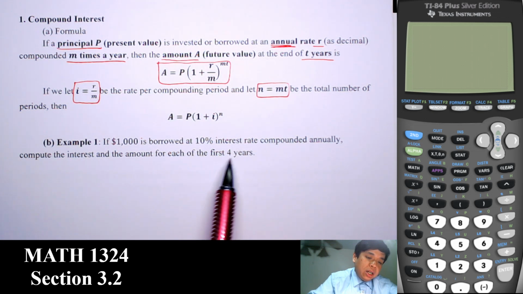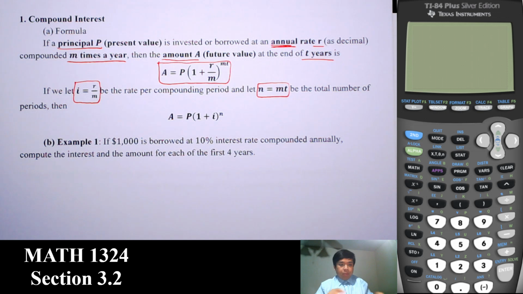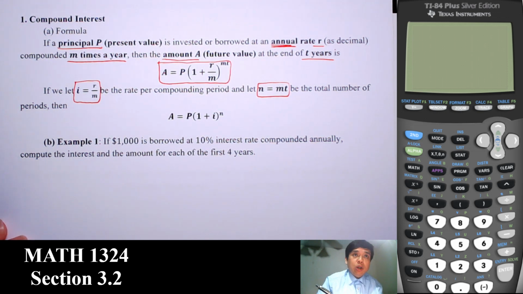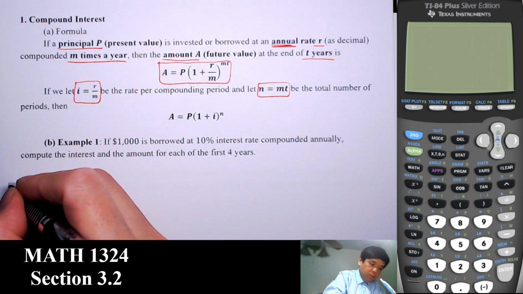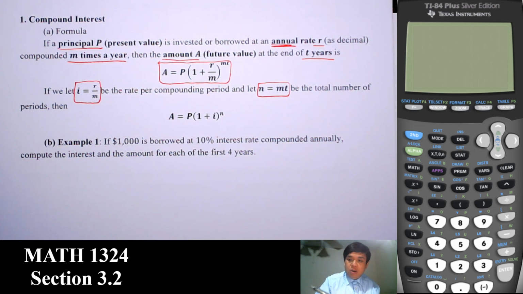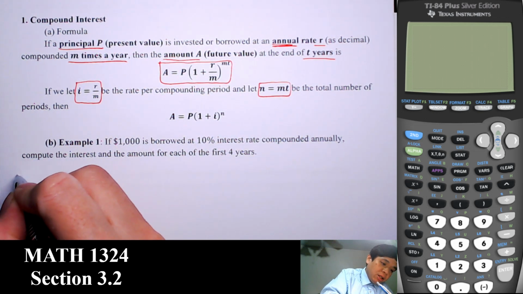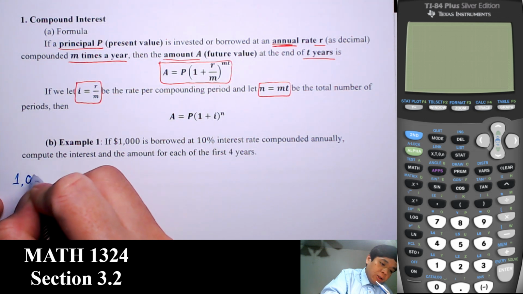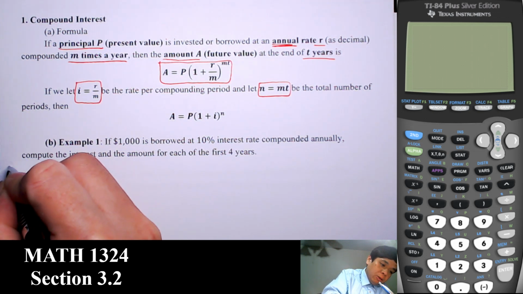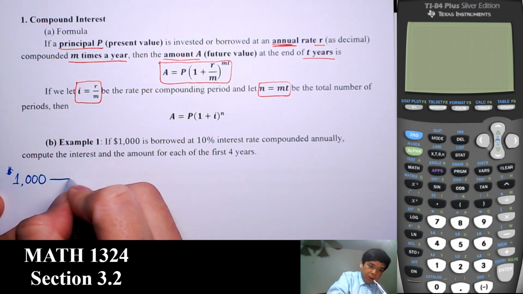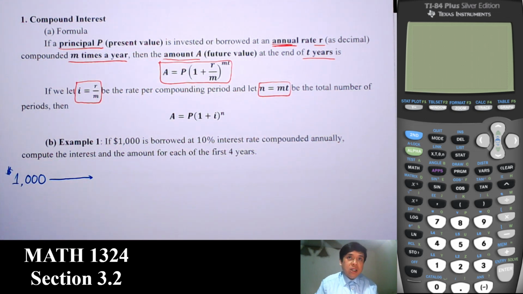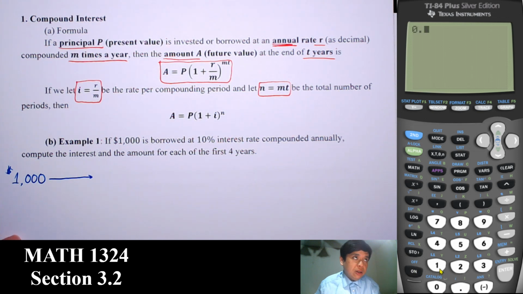Right, now if $1,000 is borrowed at a 10% interest rate compounded annually, compute the interest and the amount for each year for the first 4 years. Right, so first we have $1,000, so at year 0 we start with 1,000. After 1 year, we have 10% of that, 10% is 0.1 times 1,000.